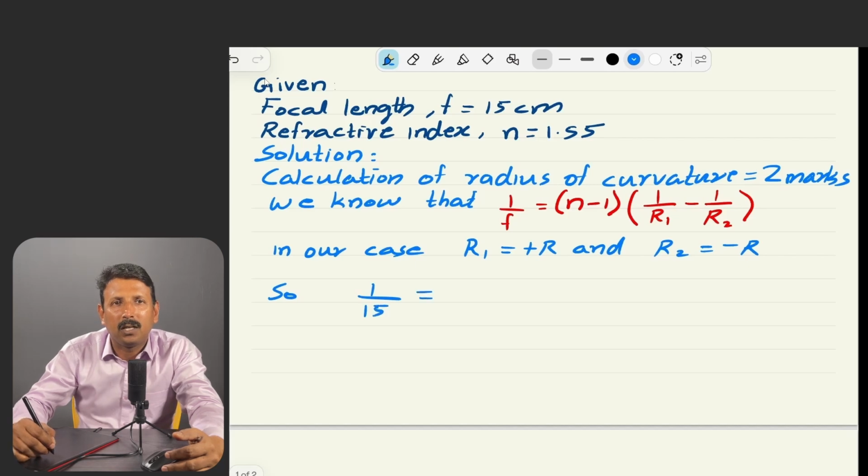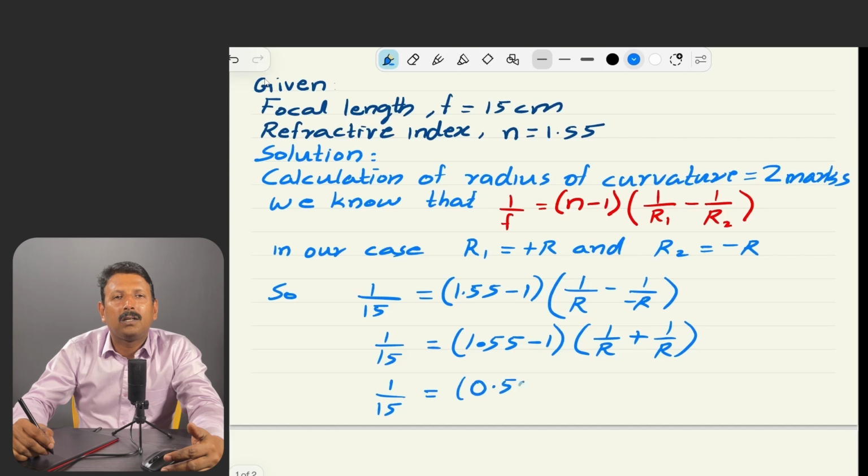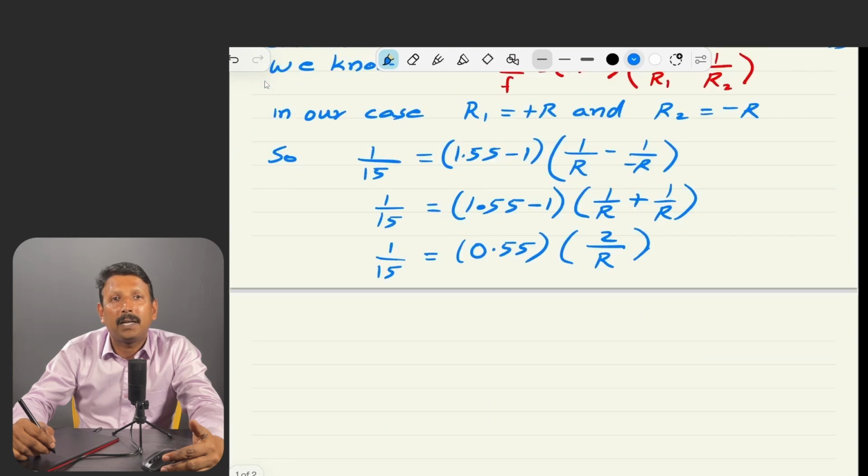So we substitute: 1 by 15 is equal to 1.55 minus 1, that is n minus 1, inside bracket 1 by r, instead of r1 it is R substituted, minus 1 by minus r, that will become plus in the middle, so it becomes 1 by r plus 1 by r, denominator same. So we do the normal LCM work. Subtraction of 1.55 minus 1 is 0.55, and the numerators are added, so 2 by r will come. This equation I showed in the previous slide.